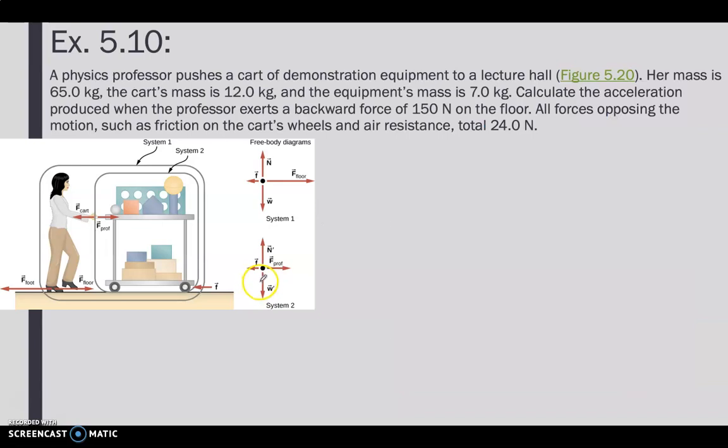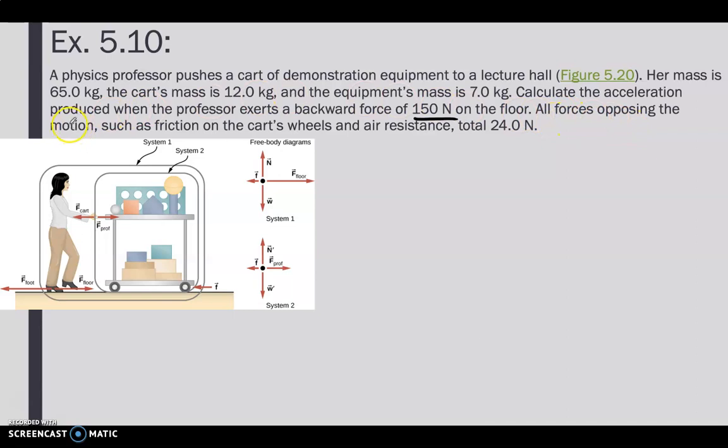Alright, so let's go ahead and do an example. This states a physics professor is pushing a cart of demonstration equipment to a lecture hall. Her mass is 65 kilograms, the cart's mass is 12 kilograms, and the equipment's mass is 7 kilograms. Calculate the acceleration produced when the professor exerts a backward force of 150 newtons on the floor.